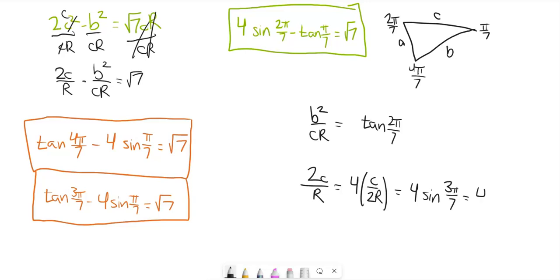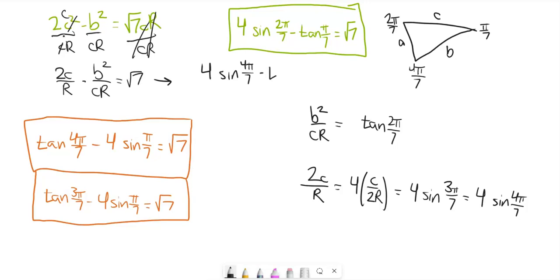But of course, again, the sine of 3 pi over 7 is equivalent to the sine of 4 pi over 7. So that'll also give us two versions of this equation. So we can rewrite it as, first off, 4 sine 4 pi over 7. I'm going to do that first because this series is about the heptagonal triangle.